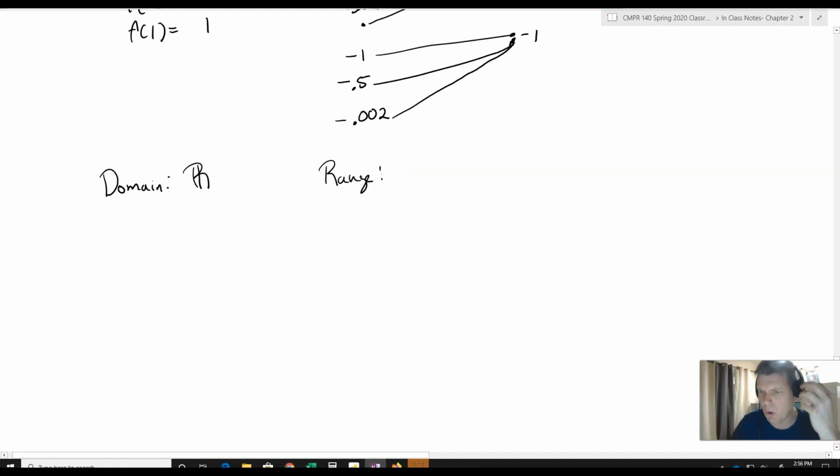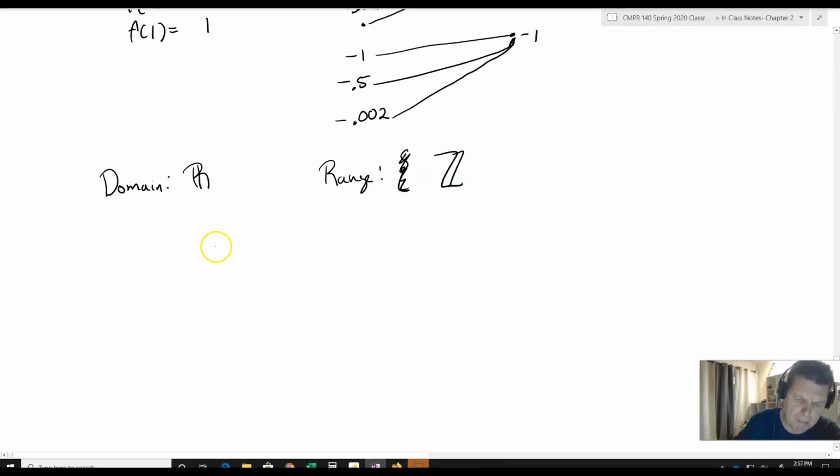We're only going to end up with integers, so it's going to be a subset of the integers. Can we get every integer? Yes, you can get any integer that you want. So the range will end up being the set of all integers.